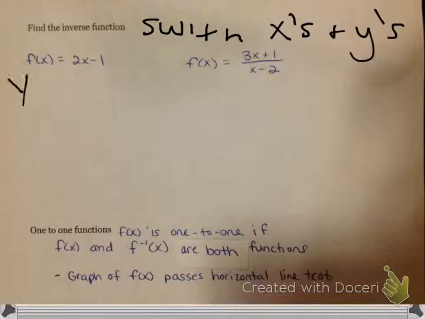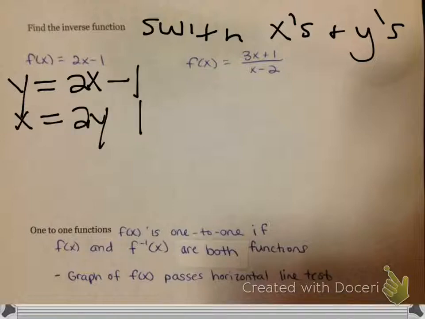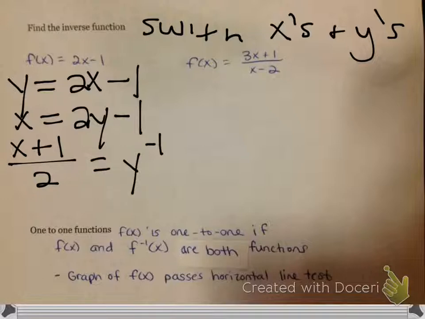So this would become y equals 2x minus 1. So when I switch, it's going to become x equals 2y minus 1. And now I just need to solve for y. So I would have x plus 1 divided by 2, doing the algebra quickly, equals y. And I need to remember the inverse symbol.